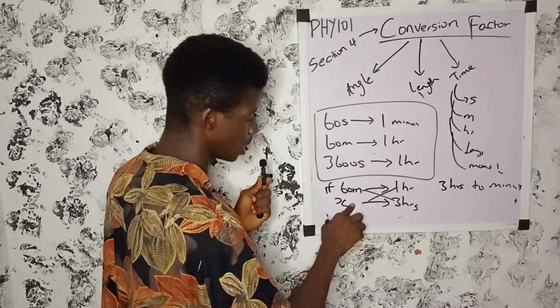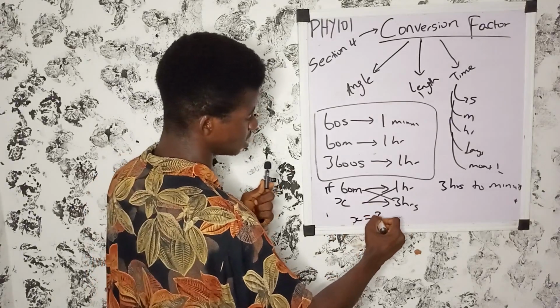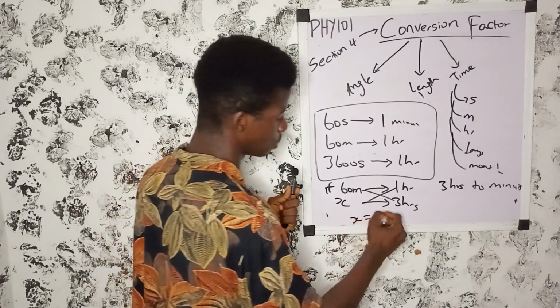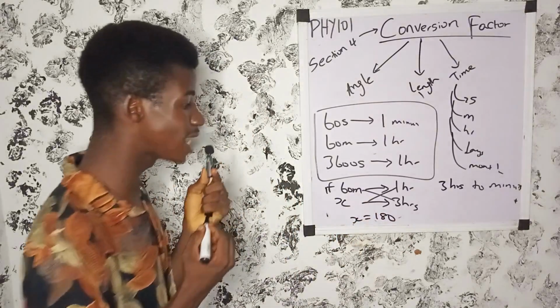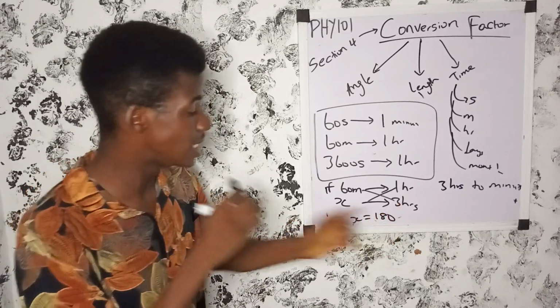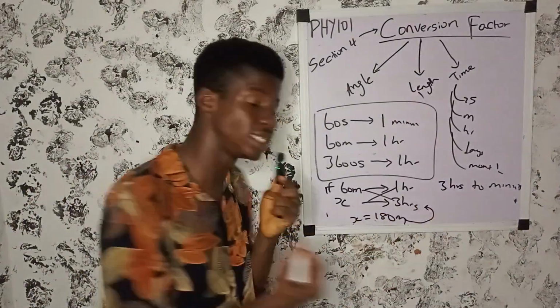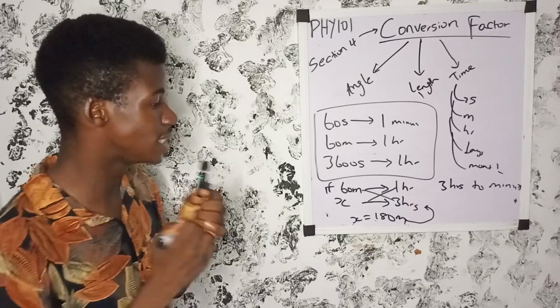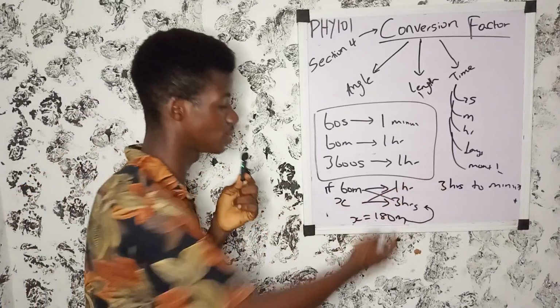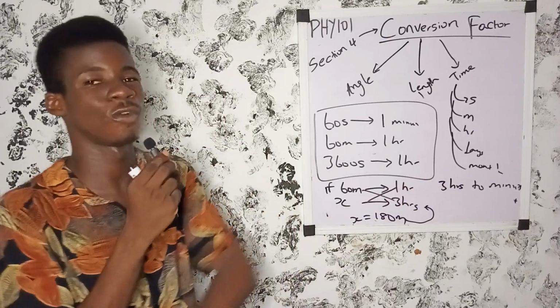So 1 times s will give you s, then 3 times 60 will give you 180, if I'm not mistaken. So that's to tell you that there are 180 minutes in 3 hours. So that's to tell you that 3 hours is the same thing as 180 minutes.